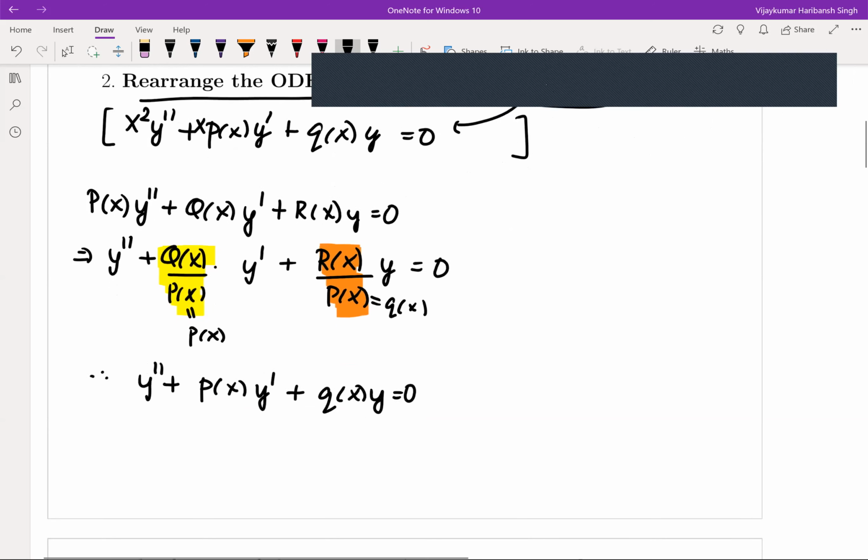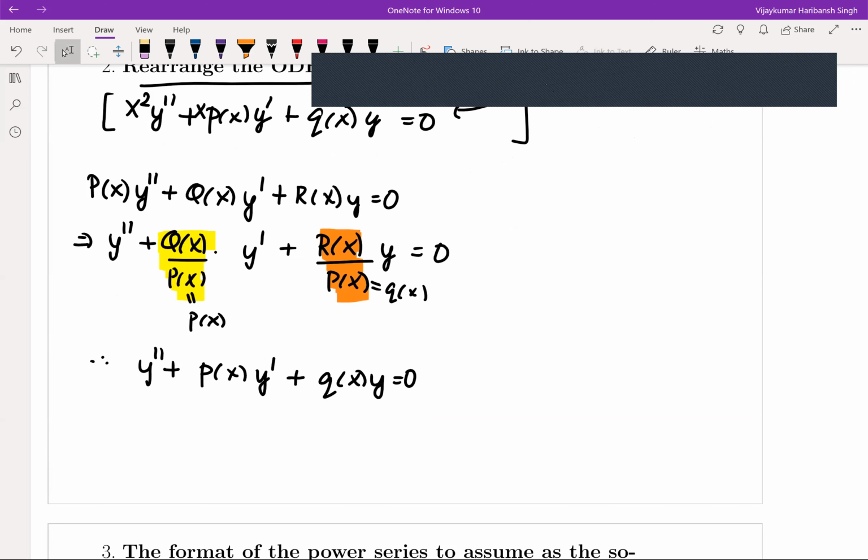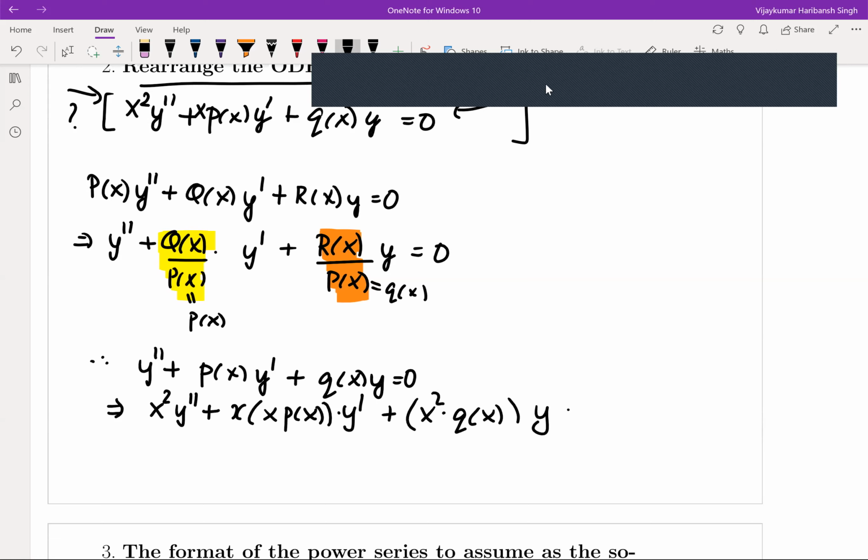Now we want to make it look like the Euler equation, so we multiply throughout by x squared. So we have x squared y double prime plus x times x p(x) y prime plus x squared q(x) y equals 0.